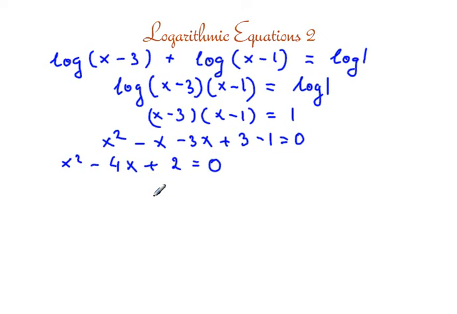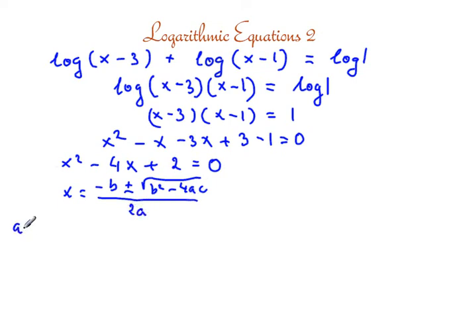Now, we may wish to attempt solving by factoring or simply by using the quadratic formula. Since I can't easily see whether this is factorable or not, I will use the quadratic formula, which looks like that: negative b plus or minus the square root of the discriminant, b squared minus 4ac, everything divided by 2a.